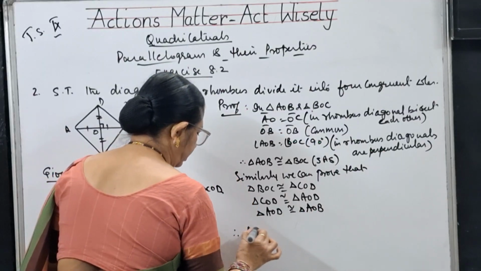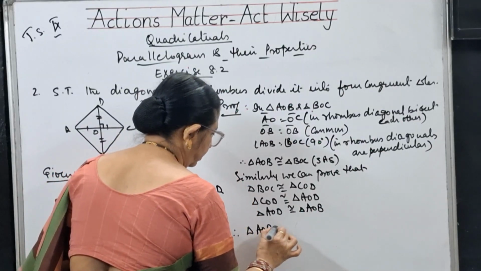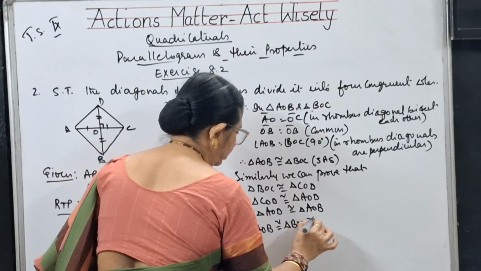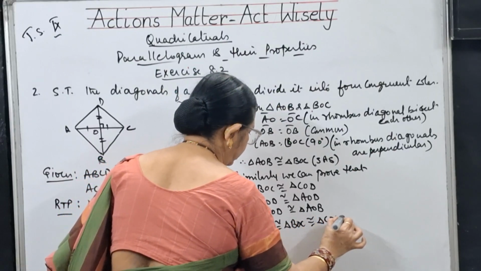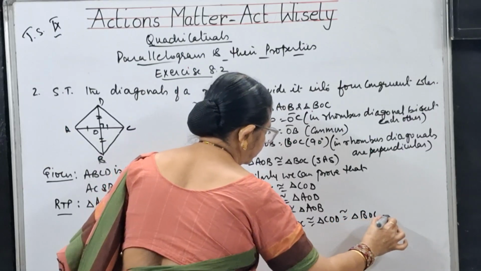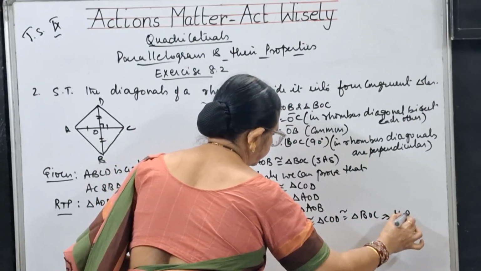Therefore, we can say that triangle AOB is congruent to triangle BOC is congruent to triangle COD is congruent to triangle AOD. Hence, proved.